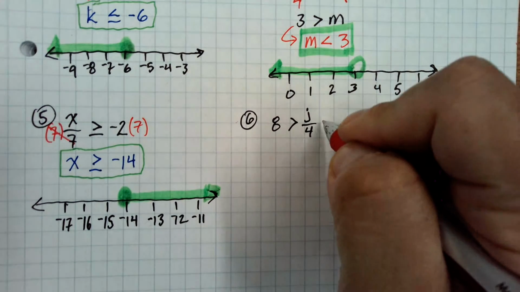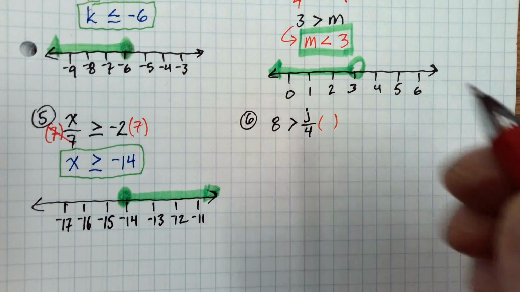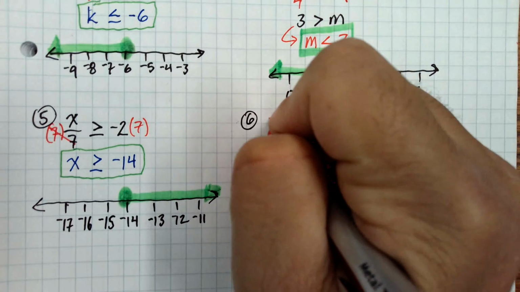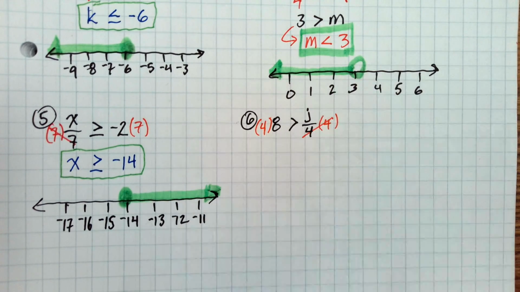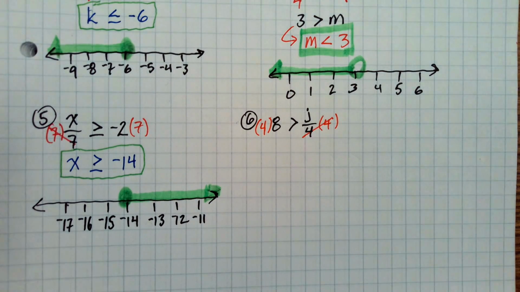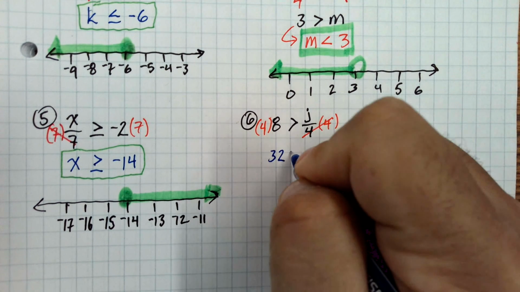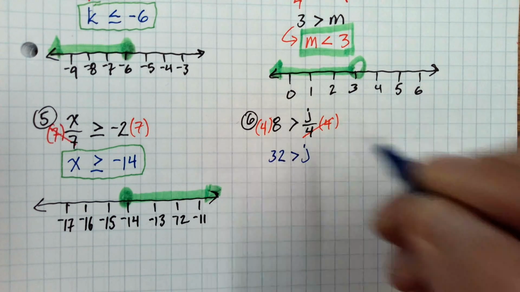Multiply. It's division, we should multiply. By what now? Yep, that would cancel here. That means we have to multiply by 4 here. And 4 times 8 is 32, is greater than j.